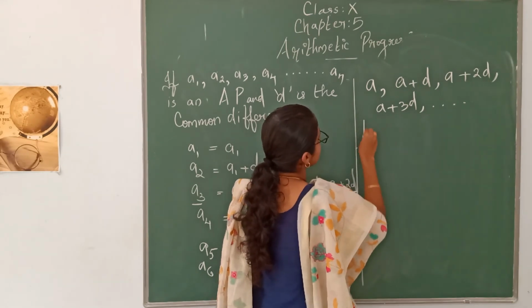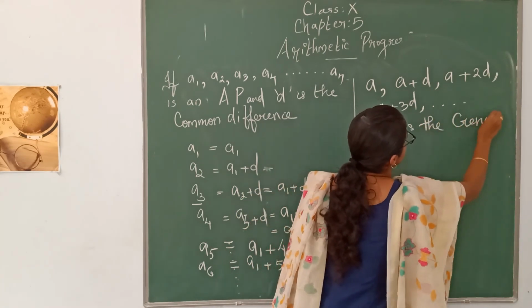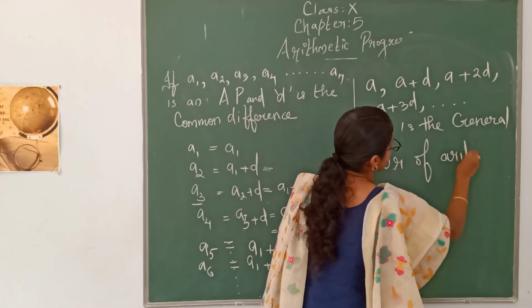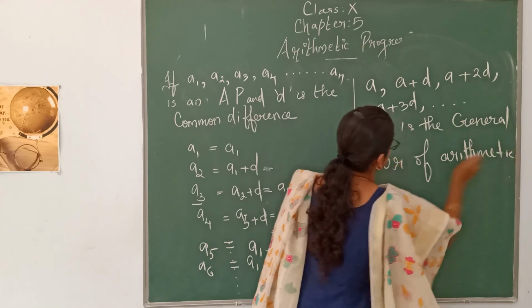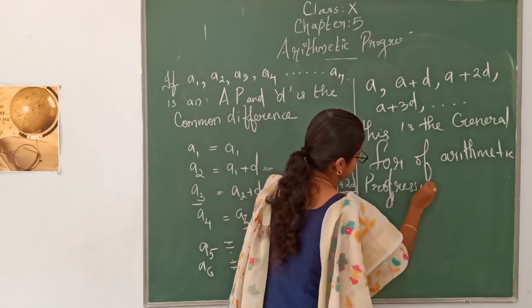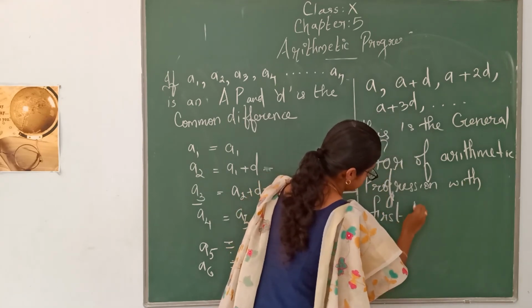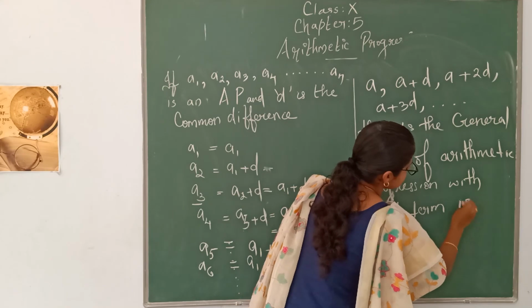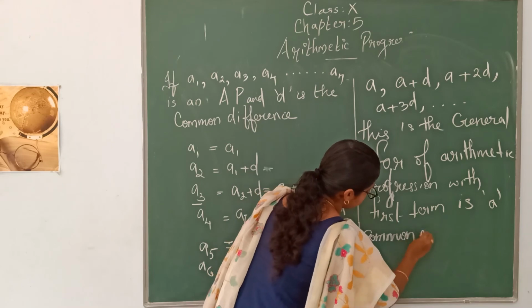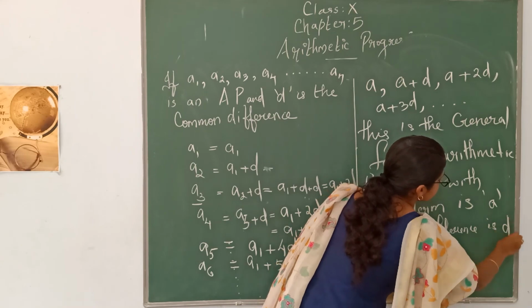So this is the general form of arithmetic progression with first term a and common difference d.